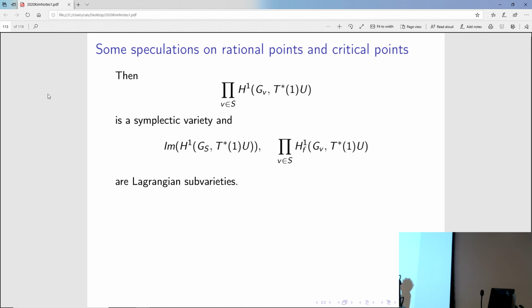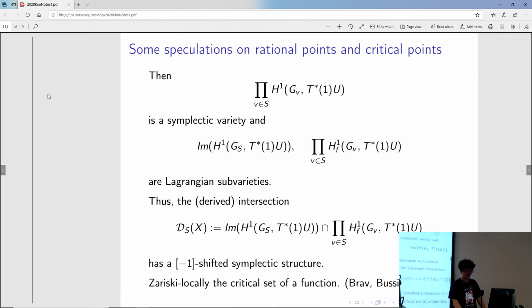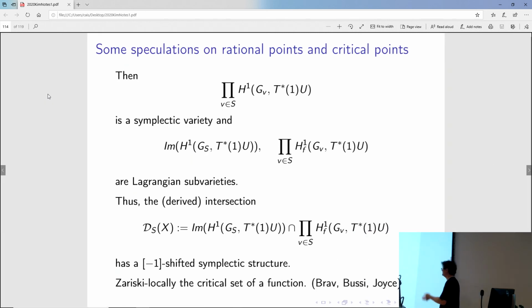And these spaces of interest, those that satisfy these local Hodge-theoretic conditions, as well as the image of the global principal bundles, actually become Lagrangian subvarieties. So from this point of view, the space we're actually interested in is a Lagrangian intersection inside a symplectic variety. I'm not going to explain this at all because I don't really understand it. But it's a theorem of many people. I'm just quoting a few people here, but in a slightly different setting, that this kind of Lagrangian intersection has a very special structure that's called a -1 shifted symplectic structure.